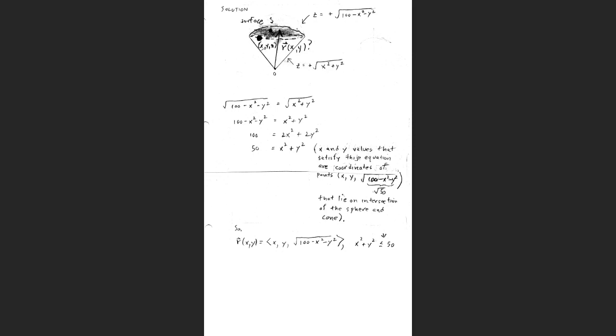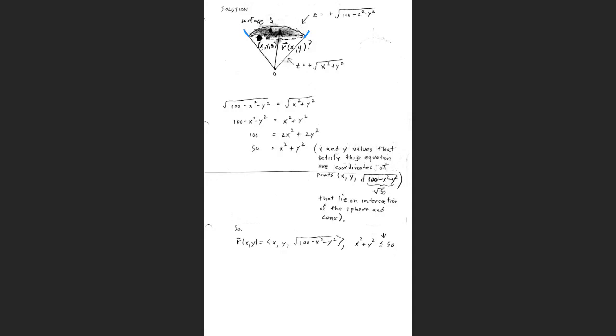If we were to draw a little more of the cone, the cone keeps going, but we want the part of the sphere that lies above the cone, and that's the shaded part here.